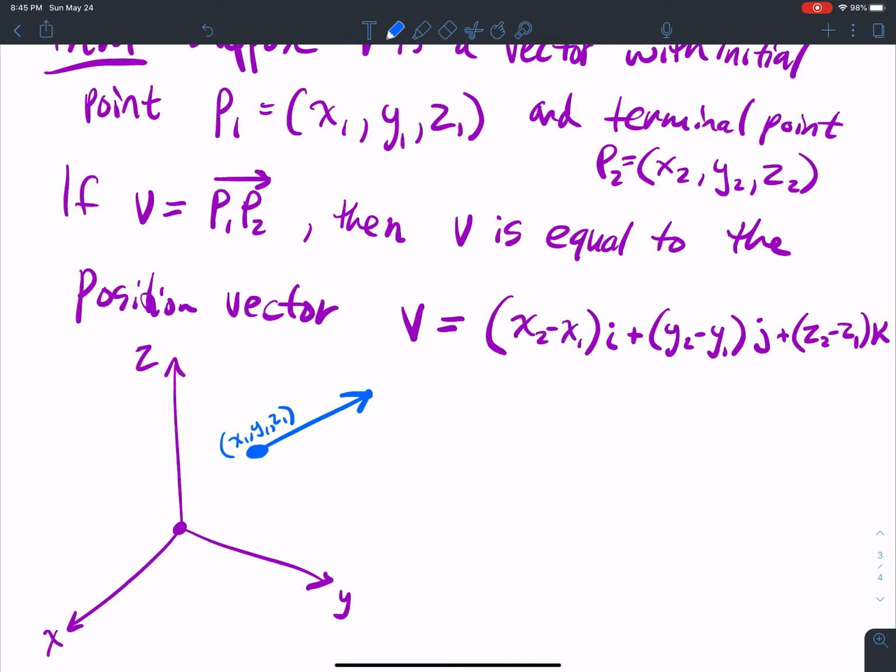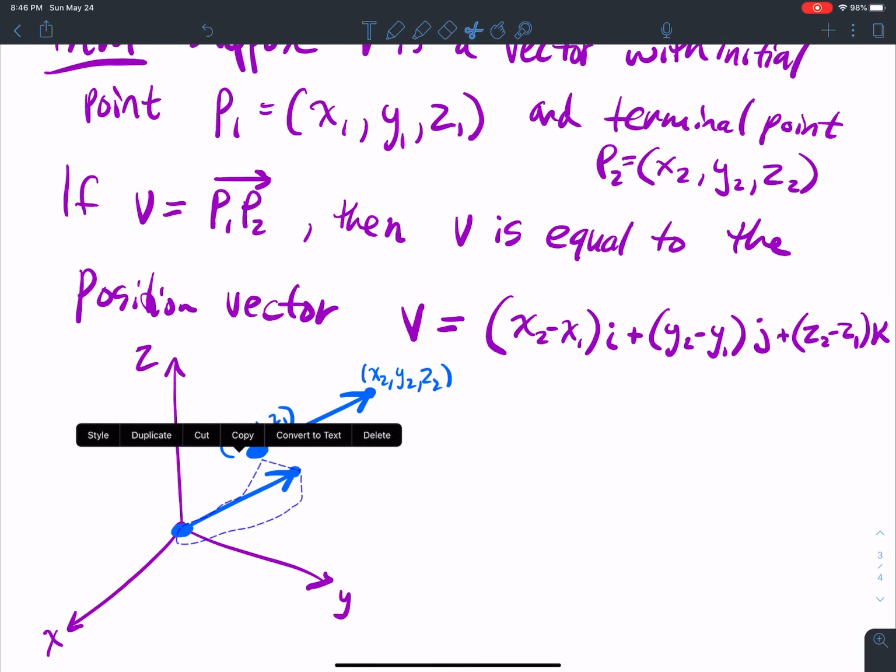And it ends at x2, y2, z2 here. If I'm literally going to copy this and shift it down here, then how do I get to 0, 0, 0?